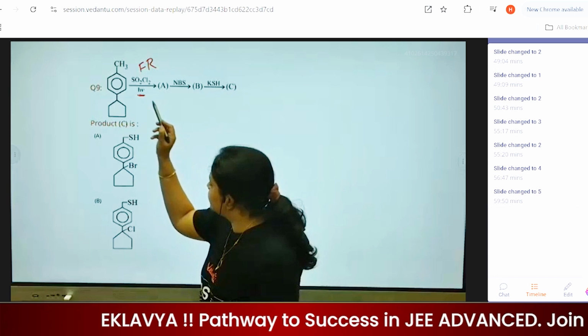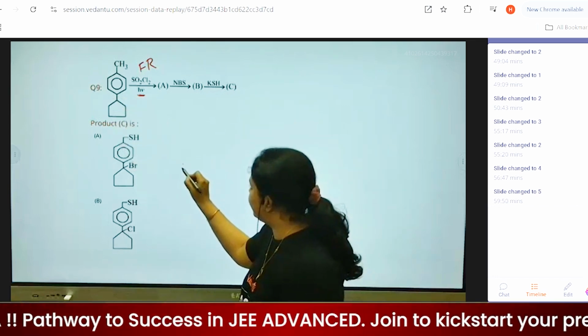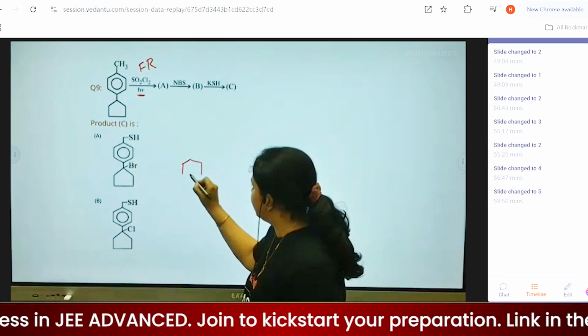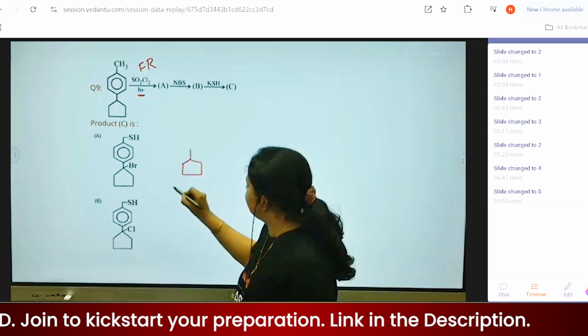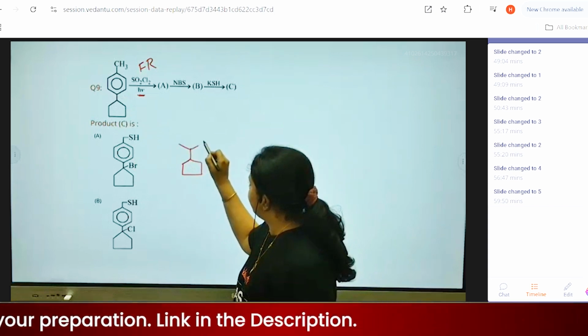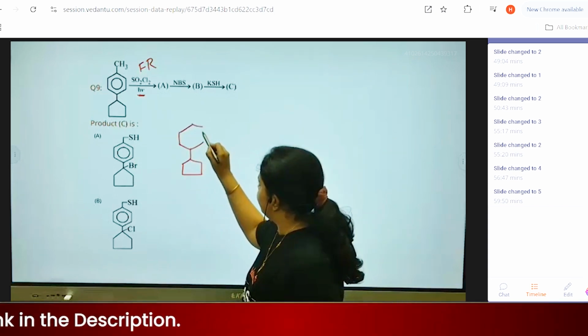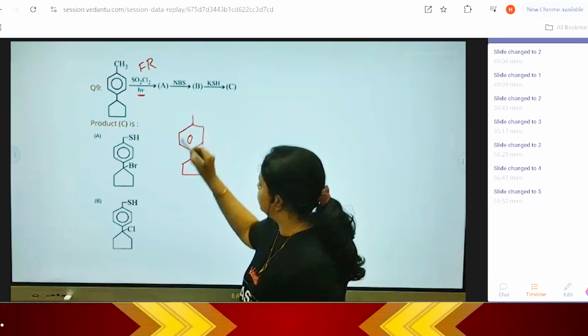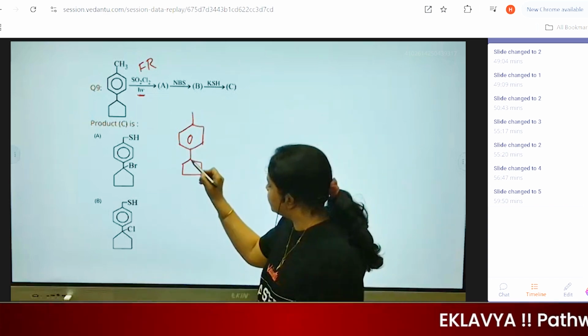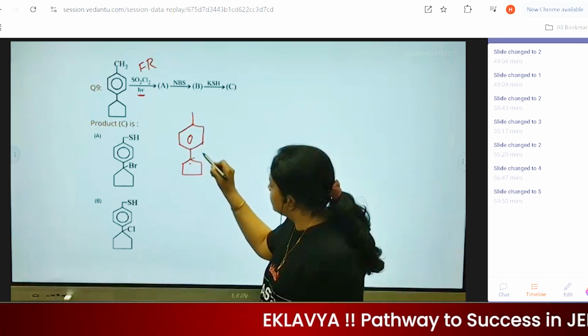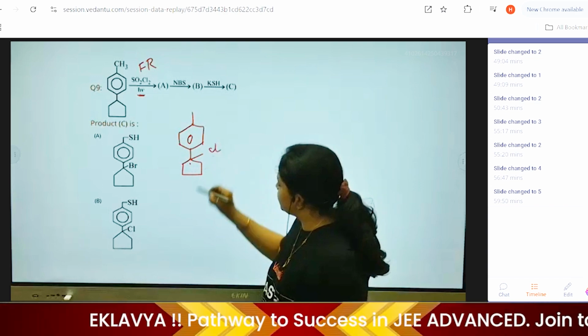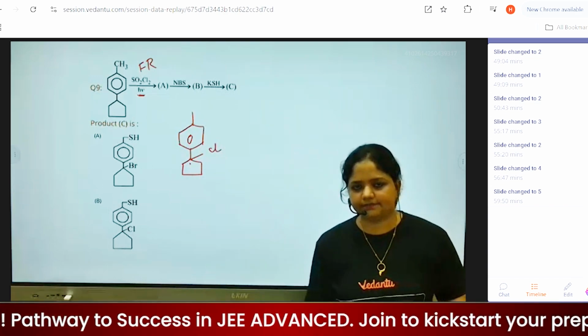Where is the more stable carbon free radical? Let me write down the reaction first, the reactant first. This is the benzene ring attached with the CH3. So this is the most stable one, so this Cl will be attached. This is the first reaction done.